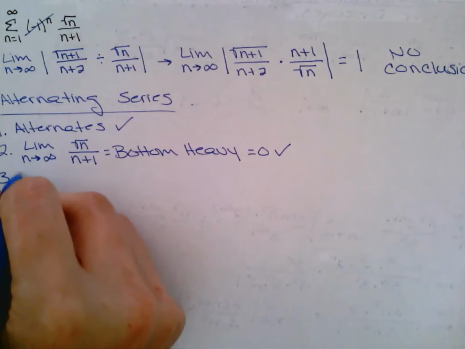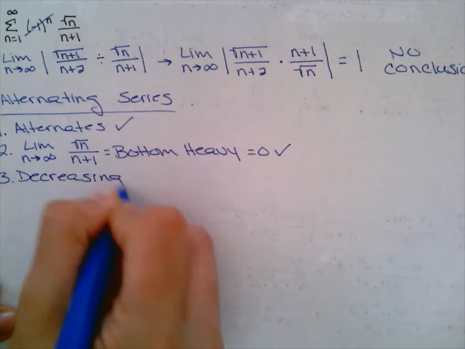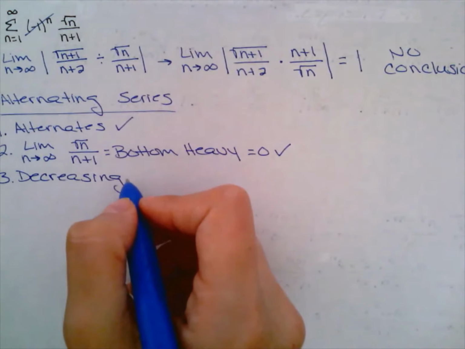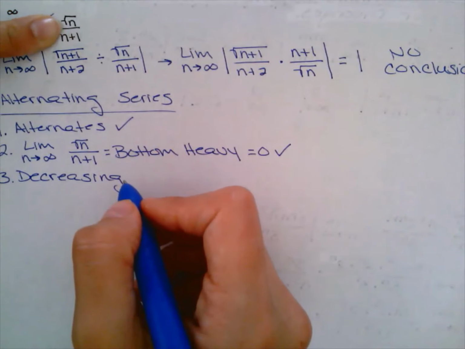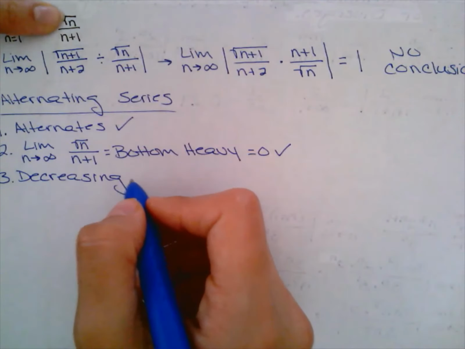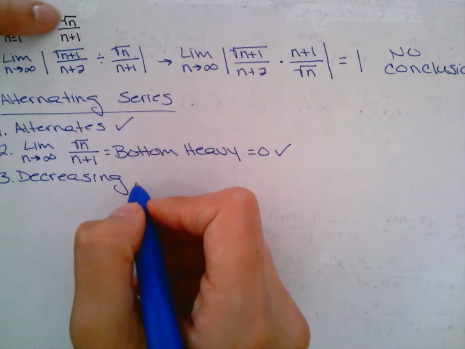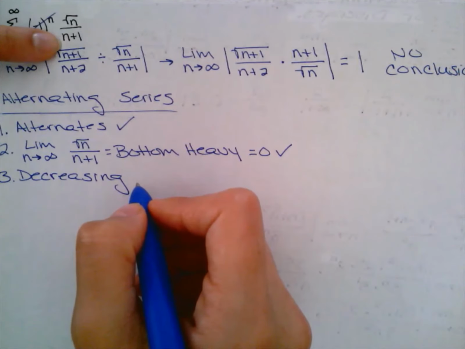My third is to confirm that it is decreasing. Okay, now I want to talk about doing this the quick version, okay? If I start plugging bigger and bigger numbers in, try a quick number like something big, like 20 or 25. And I'm going to say 25 because there's a square root here. So if I were to plug in 25, here square root of 25 is 5, and here to get 25 plus 1, which is 26. 5 over 26.